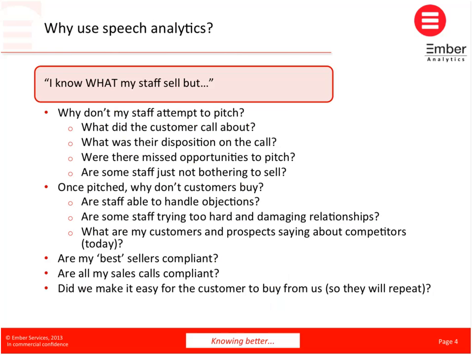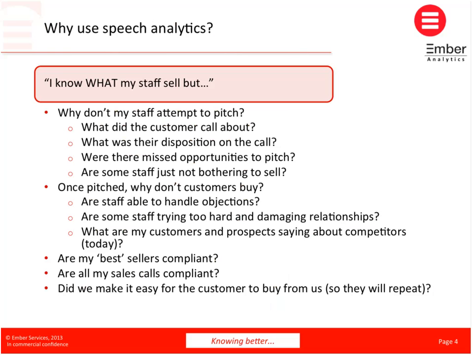And the big point is that most people know what their staff are selling, but what they don't know is what do staff attempt to sell, how often do they try to pitch, and if they don't pitch, what was it the customer called about that meant they didn't pitch? How was the customer feeling? What was the disposition? Why did they choose not to pitch?